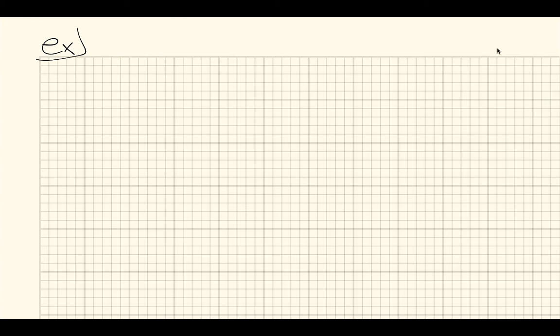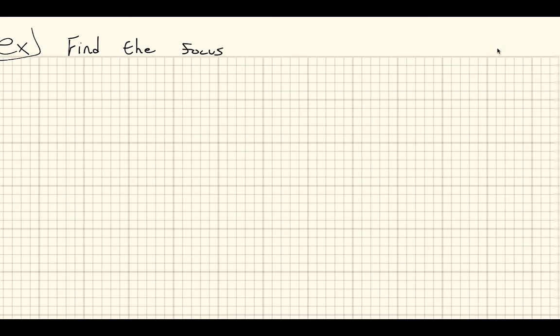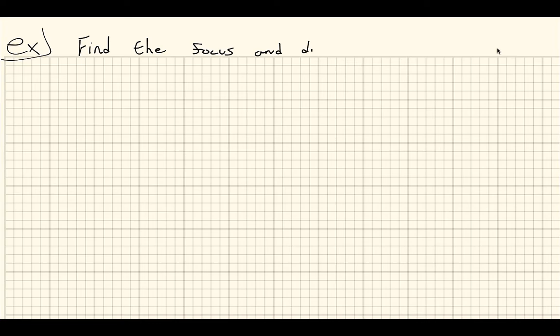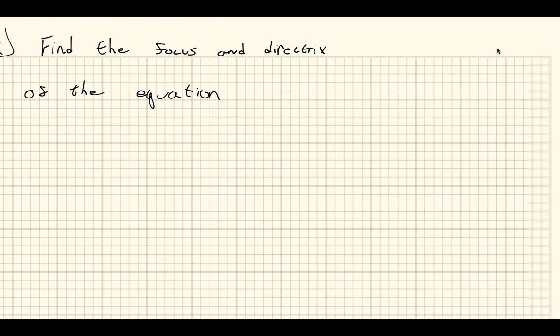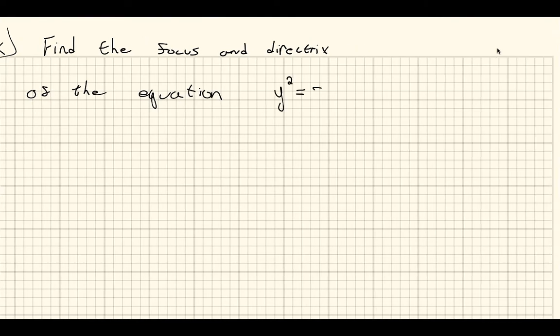Let's not say analyze, let's say find the focus and directrix of the equation y squared equals 8x. Find the focus and the directrix of the equation y squared equals 8x.